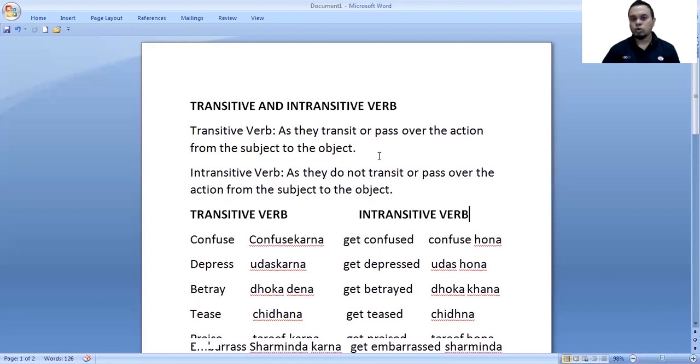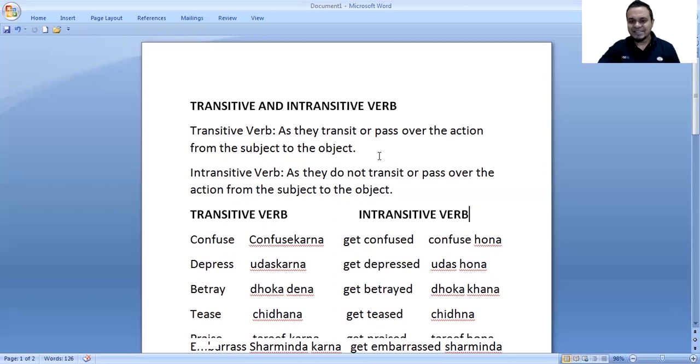Let me give you one more example. If I want to create an action of give, right? I need to have something to give. If I have nothing, and if I want to create the action of giving, it's not possible, right? I don't have anything.